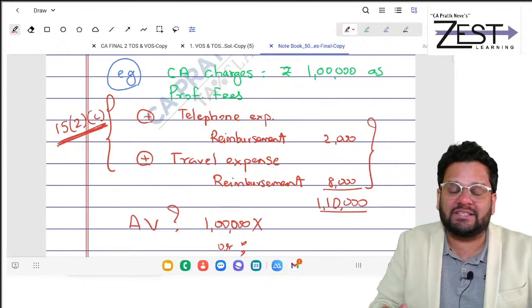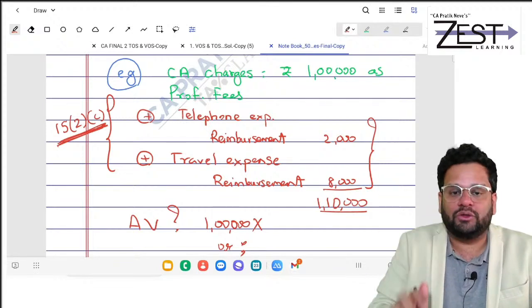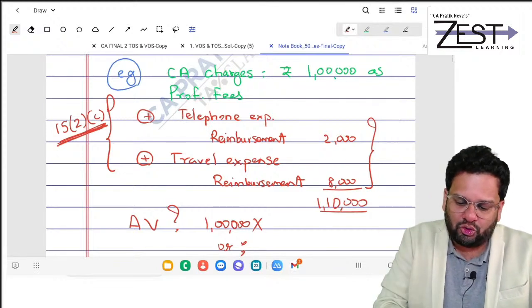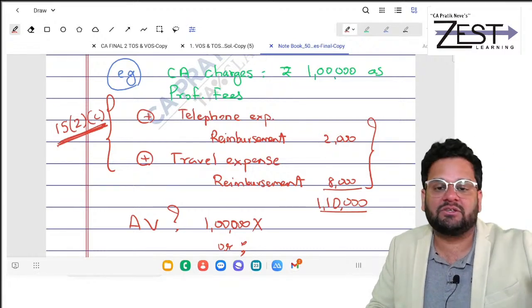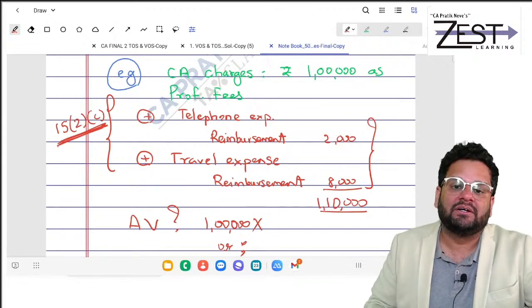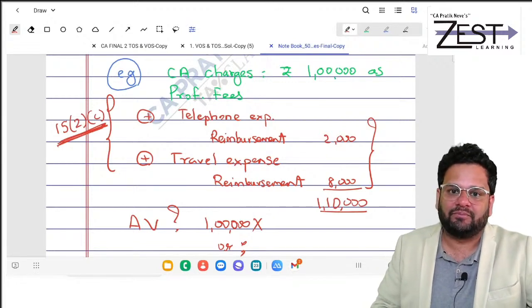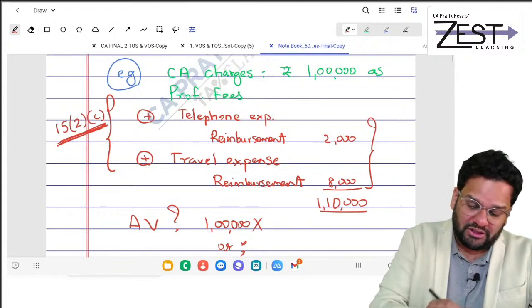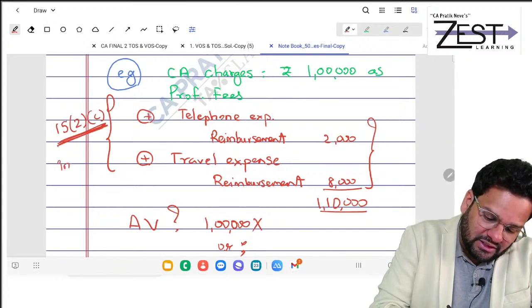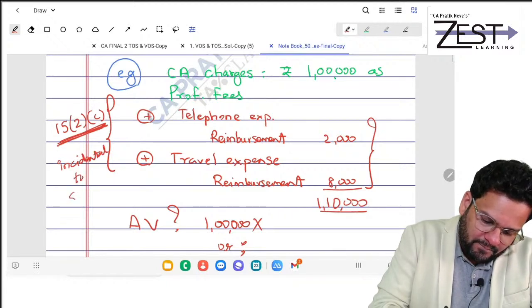If you don't do these expenses, if you don't do this telephone expense, and if you don't do this travel expense, what will happen? You cannot give the service. Did you get it? So these expenses are incidental to supply. Did you understand it?